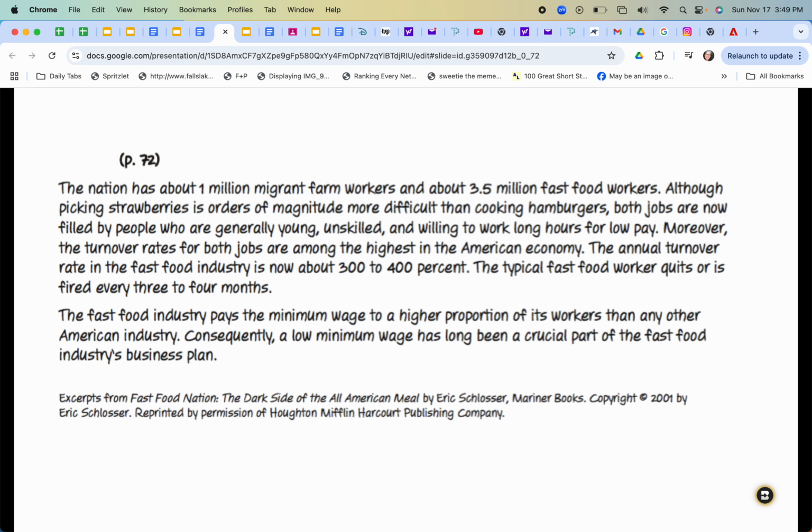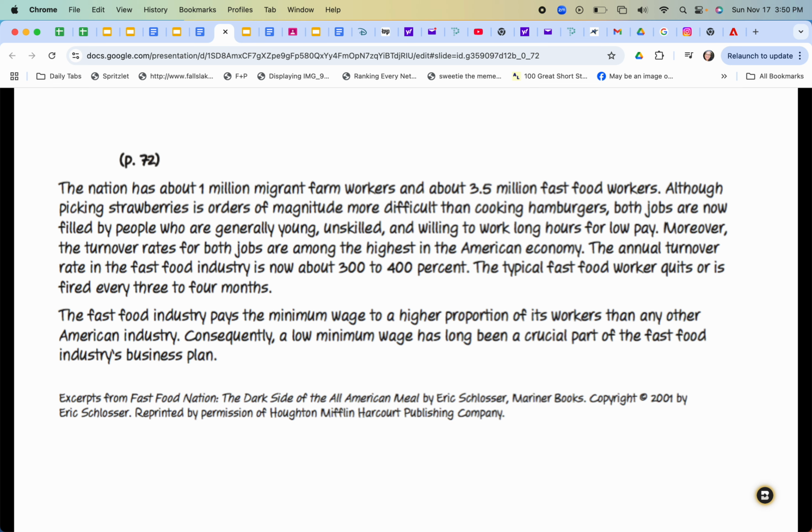The nation has about 1 million migrant farm workers and about 3.5 million fast food workers. Although picking strawberries is orders of magnitude more difficult than cooking hamburgers, both jobs are now filled by people who are generally young, unskilled, and willing to work long hours for low pay. Moreover, the turnover rates for both jobs are among the highest in the American economy.